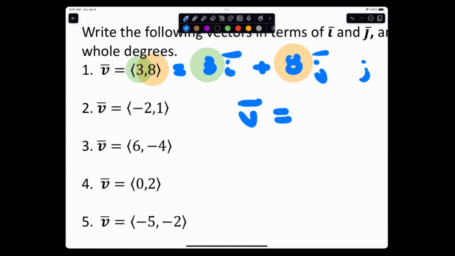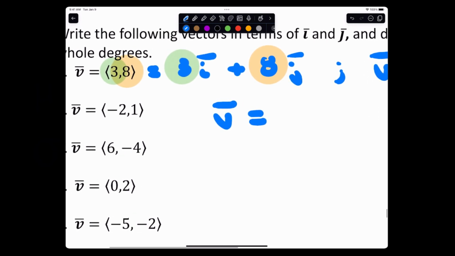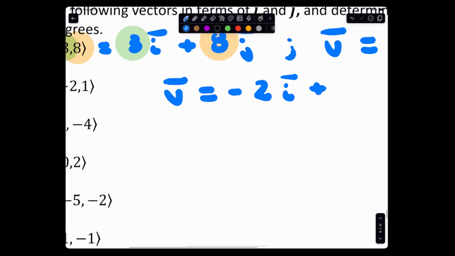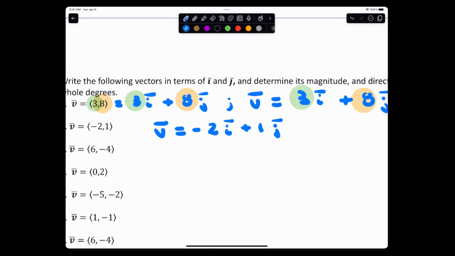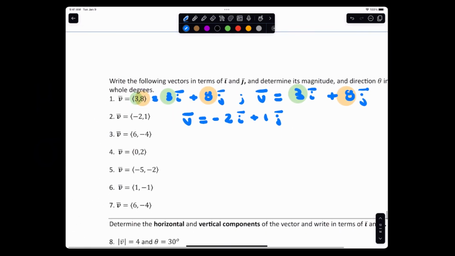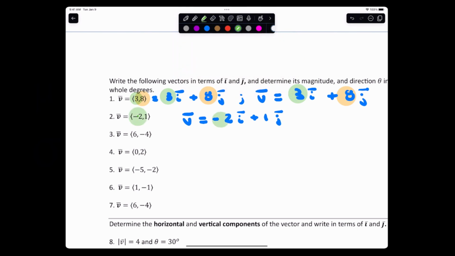What would this second vector be if they give you negative 2, 1? How do we write that in terms of i and j for number 2? We just say negative 2 what? i plus 1 what? j. Is that right? Which is also known as just being j. So we're going to use again these values here. There it is.